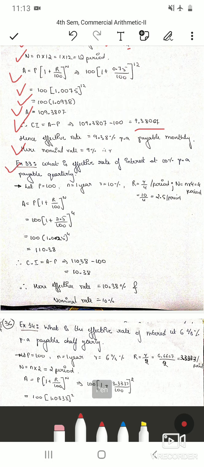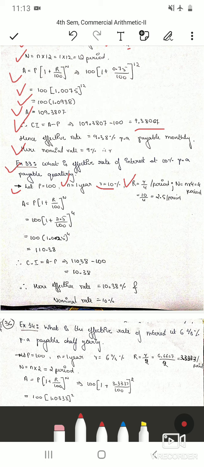So a similar problem here, you have to find what is the effective rate of interest at 10% per annum payable quarterly. There it was monthly, here they have given quarterly. So again we will assume P as 100, small n as 1, and R is given 10%.